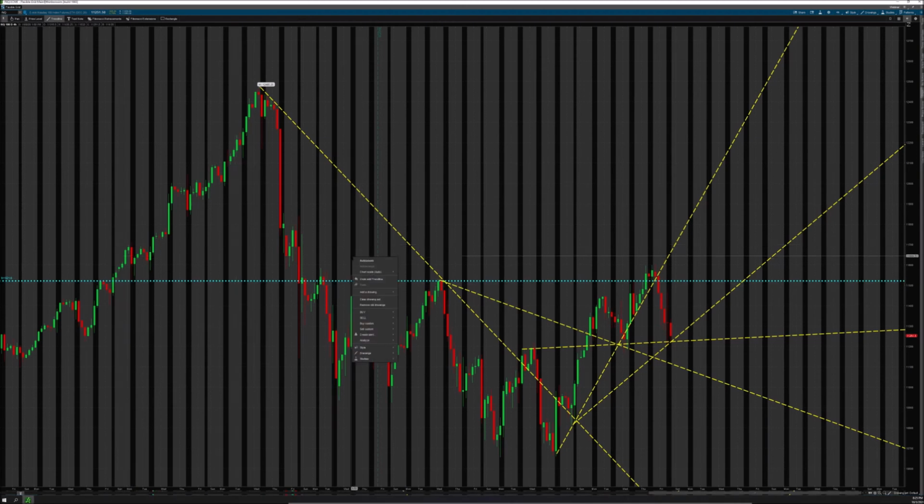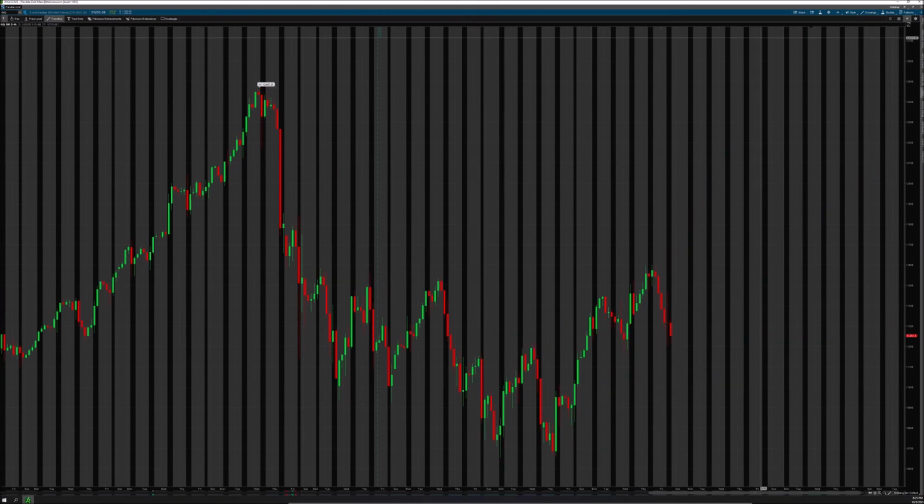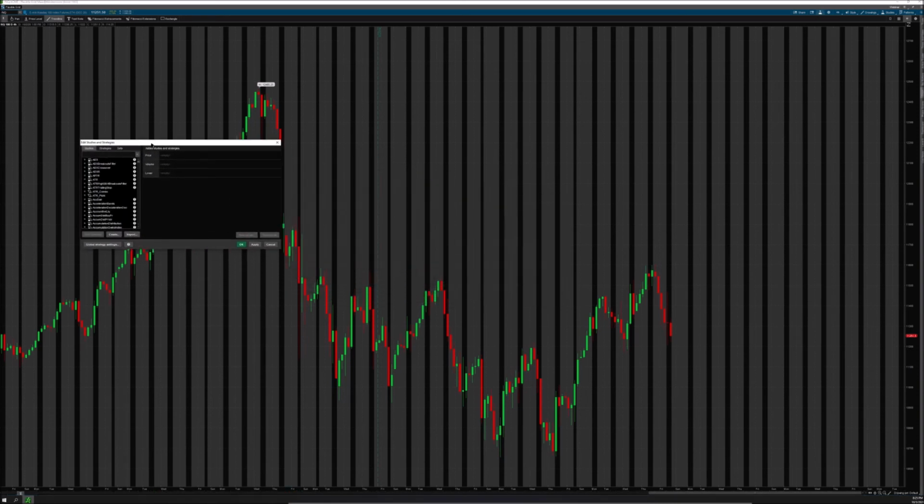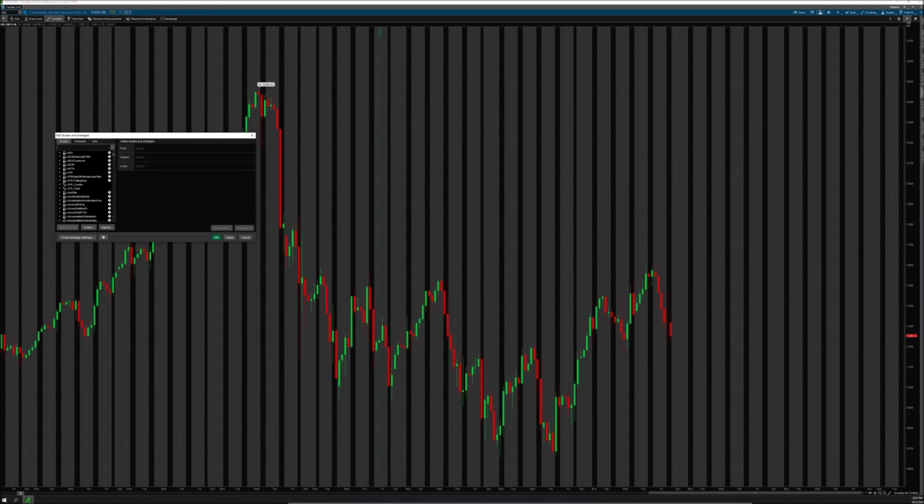I'll go ahead and clear this chart again. We're gonna move to trying to cover as much as I can on some of this stuff. So we're gonna add a few indicators over here.